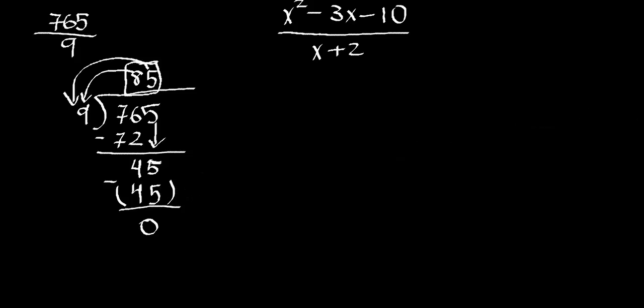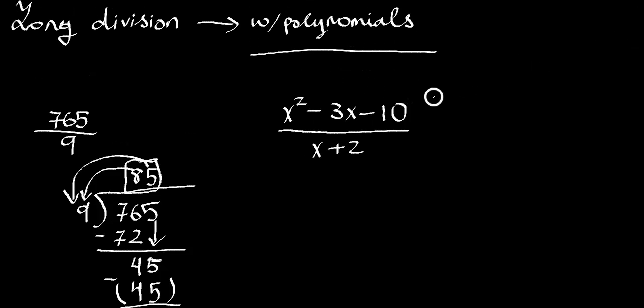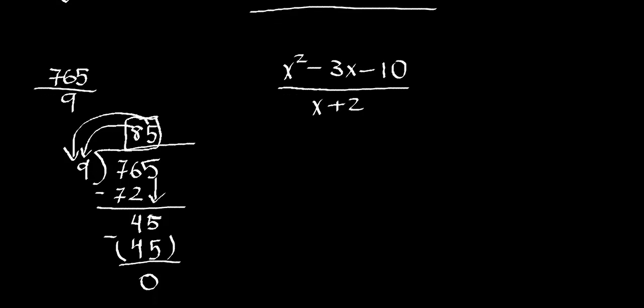So we can do this exact same thing to polynomials such as this. Okay? So I'm going to solve this using long division. But before I do that, you might be thinking, hold on, I can factor this. This is easily factorable. But there are problems in polynomials that we're going to encounter that are not that easy to just factor.